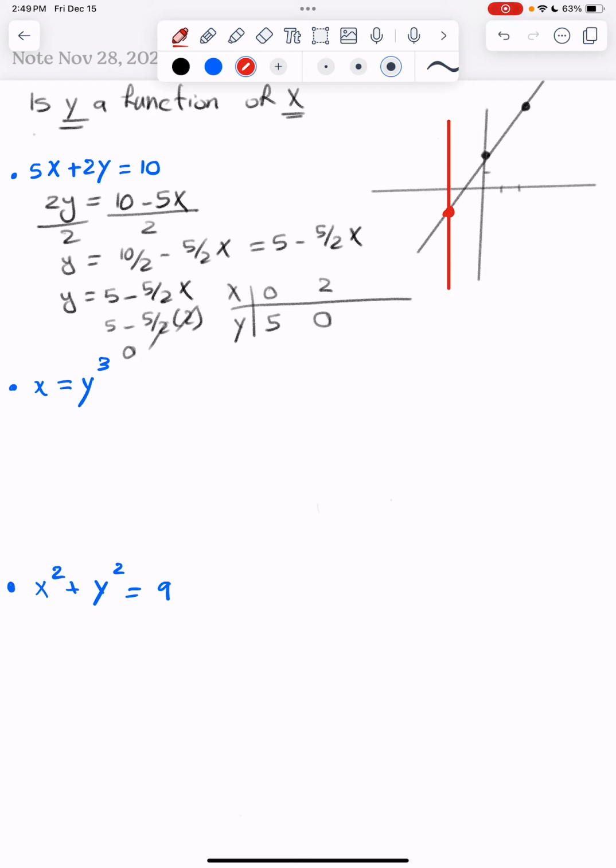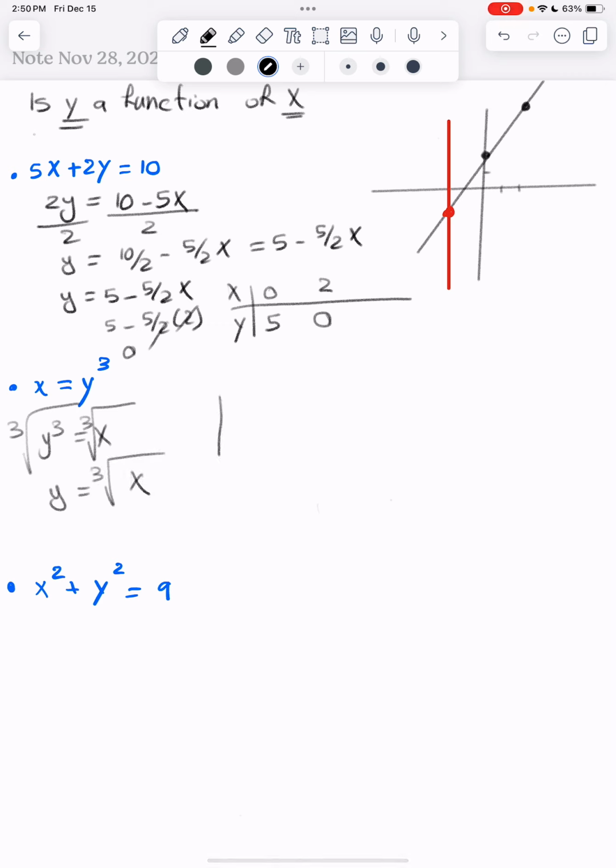Now let's go to the next one. Again, we have to solve for y. So let's first bring y. We're just gonna switch the side, so that's not gonna change any signs. And then we'll take the cube root of both sides, so y equals the cube root of x.